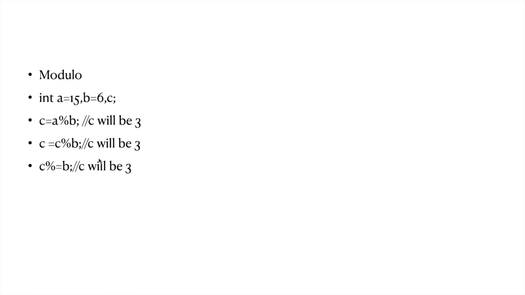The same works here. The other important operators in Java, used like the addition operator and the subtraction operator but in a different style, are the increment and decrement operators.